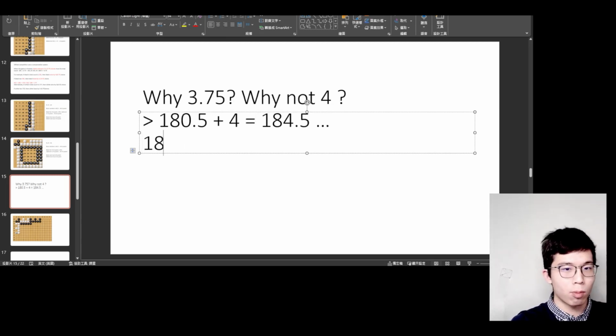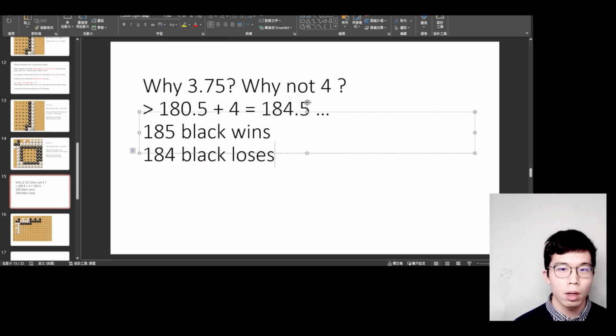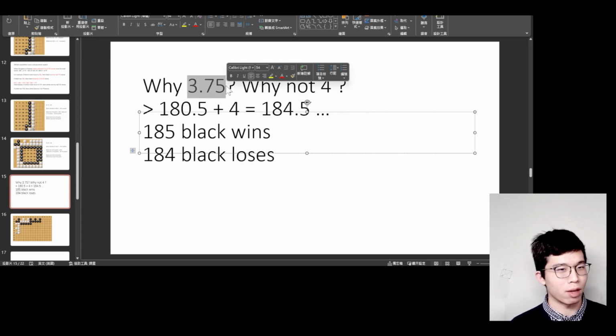When black has 185, black will win. If black only has 184, black loses. So it seems to be the same when the Komi is 4. So why do we need a strange number like 3.75?